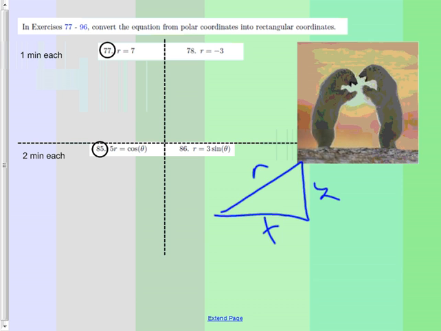X, Y, R. X squared plus Y squared is equal to R squared. R squared is easily solved for. So how can I make an R into an R squared? Square it. What's another way, though? I know you know that that'll work on this one. We already talked through that one. What's another way to make R into R squared without having to square it?